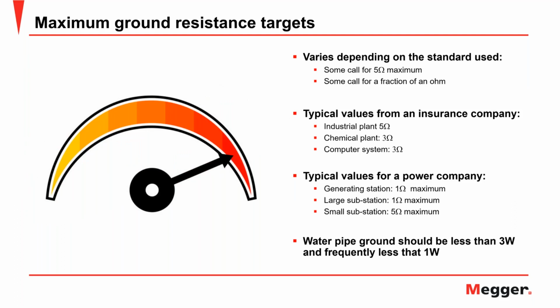So we'll start by looking at what values you look for. What constitutes a good ground? The most prevailing value is 5 ohms. So for typical industrial and commercial grounds, you want to see at least 5 ohms. That's a pretty prevailing industry standard. And then when you get into more demanding environments, you'll typically want to have lower values.